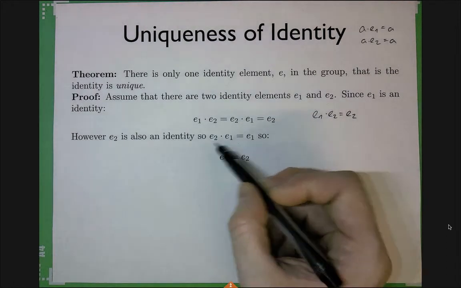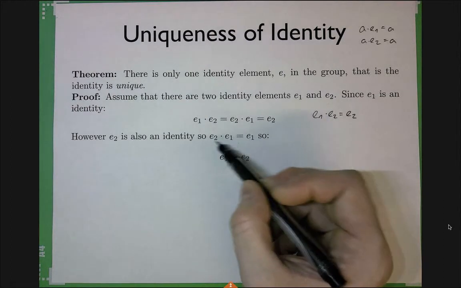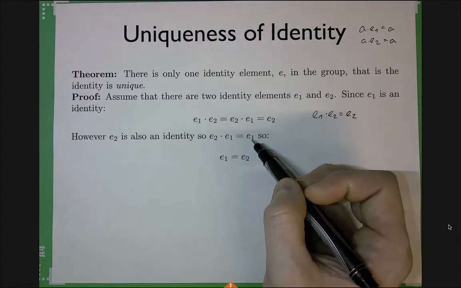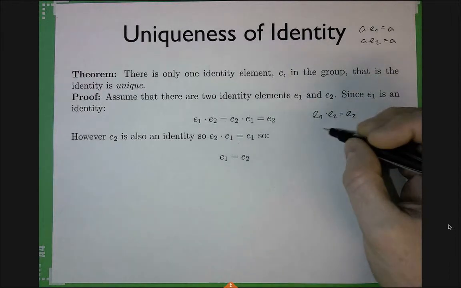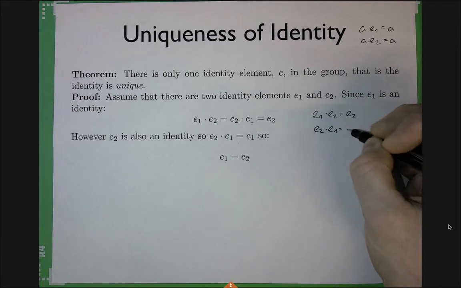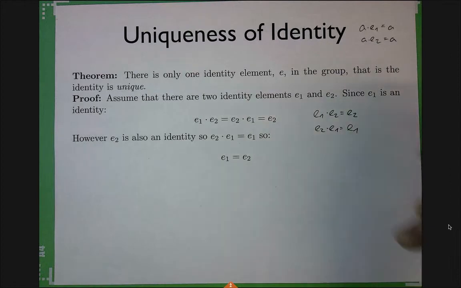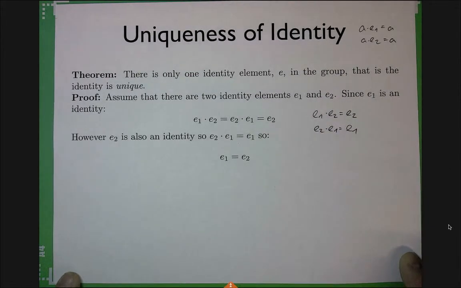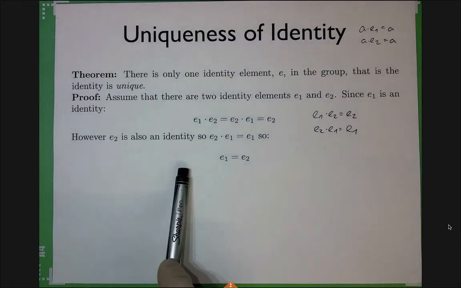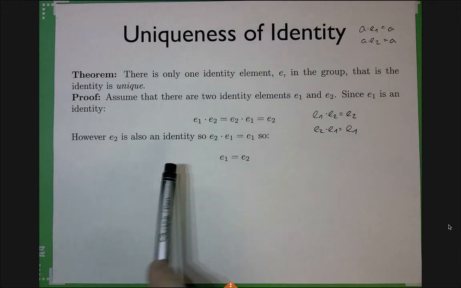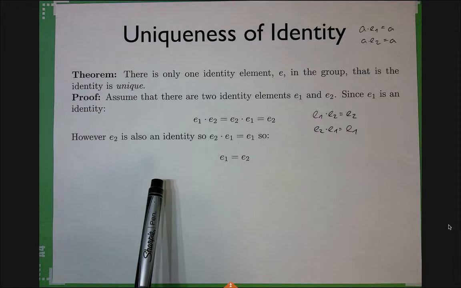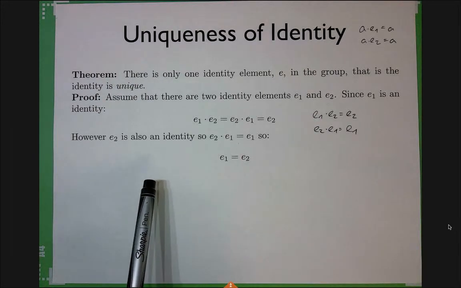The same is also true for E2: E2 times E1 also has to be E1. And because these things have to be the same, it follows that E1 has to be the same as E2. So it's slightly confusing, but I think the idea is actually very simple. Let's try to look at that again. That's exactly the logic.